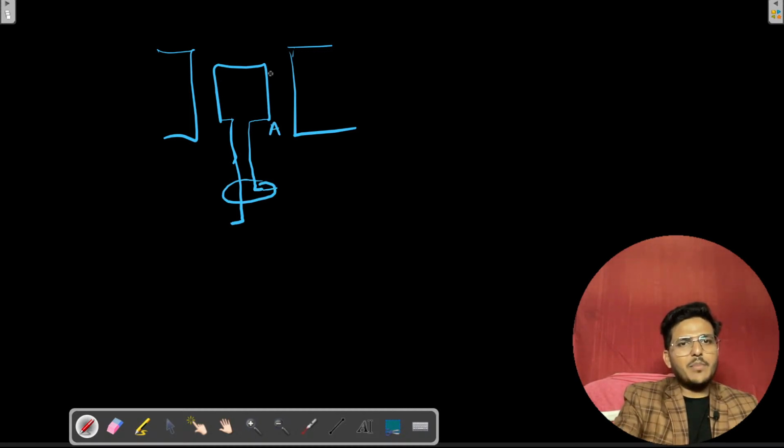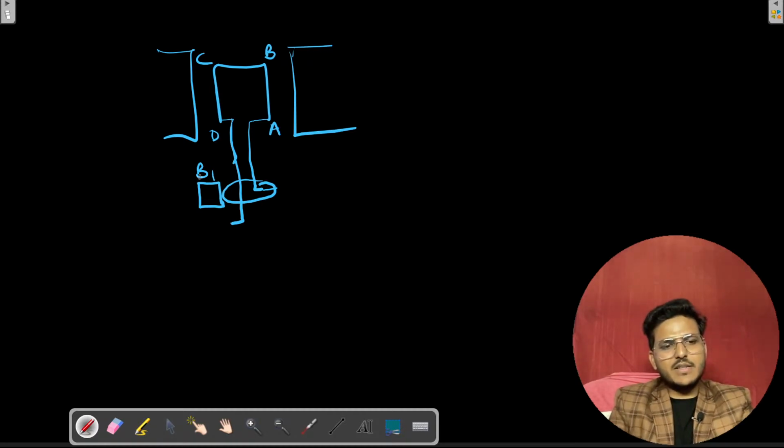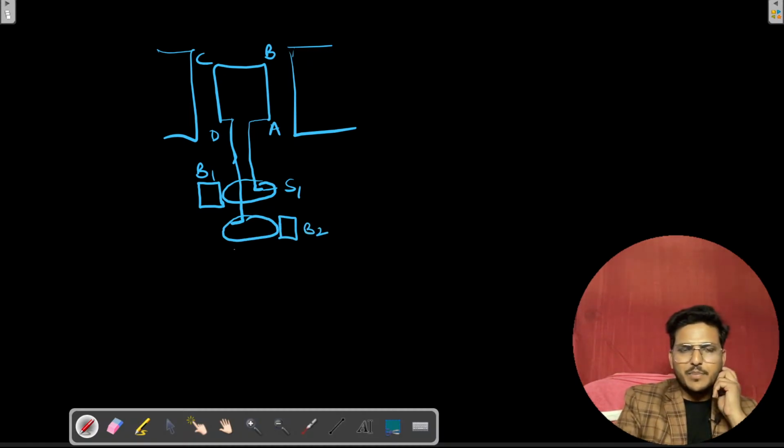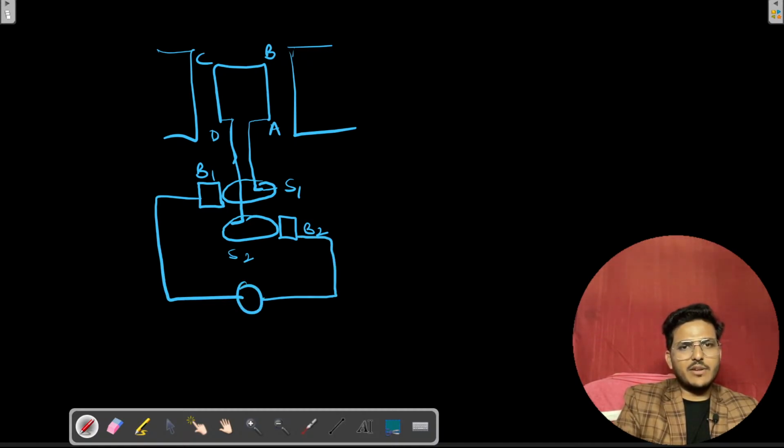See, AB moving right hand side, CD at left hand side, this one connected with the brush B1 and slip ring S1, and this one connected with brush B2 and the slip ring S2. Now this is galvanometer.